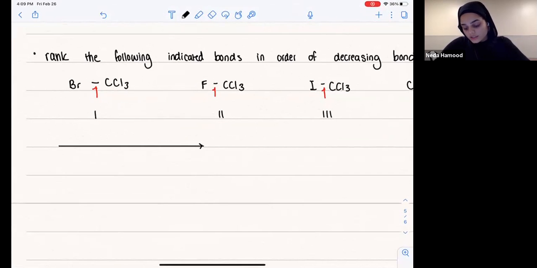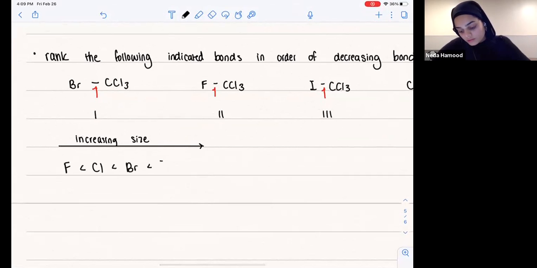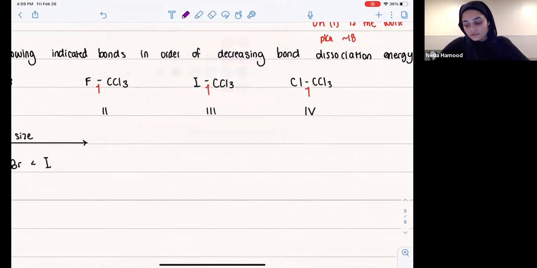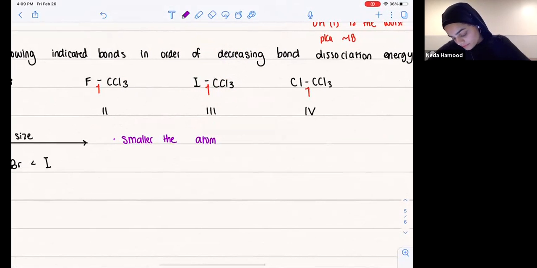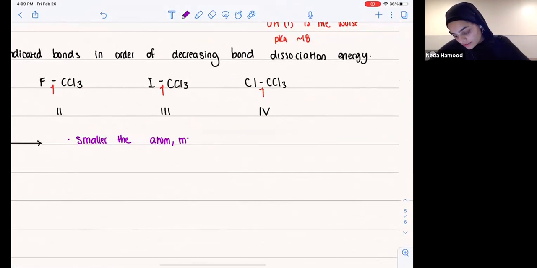We have increasing size. We go from fluorine, smaller than chlorine, which is smaller than bromine, which is smaller than iodine. Then note, the smaller the atom, the more energy you need to break the bond.